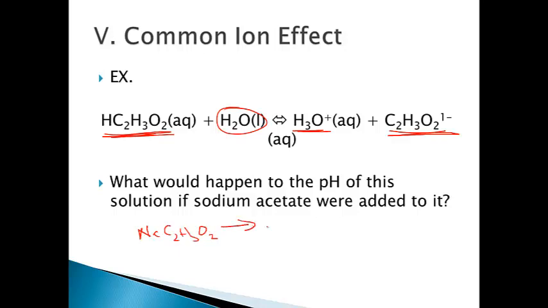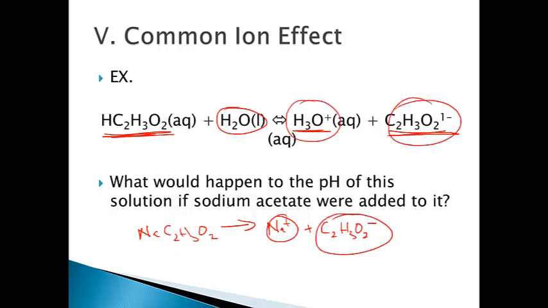When you dump this in the water, it's going to break up into Na plus and C2H3O2 minus. So the sodium is not present here or here, but the acetate ion is going to affect it, so it's going to shift it and drive it to the left.